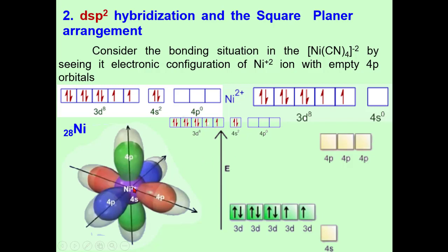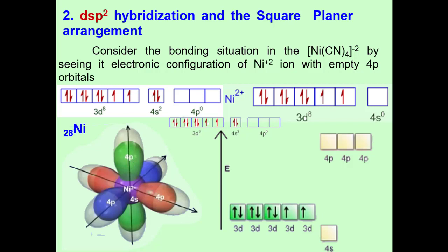So nickel has this type of situation, with the upper orbital being 4s. The 4s orbital is inner, and the upper orbital is the 4p orbital, which has no electrons. If we go upward slightly, there is the 4p orbital, then 5s and then 4d, but we have to consider just these neighboring orbitals. So these are the 4p orbitals.